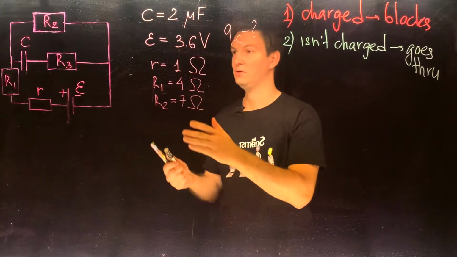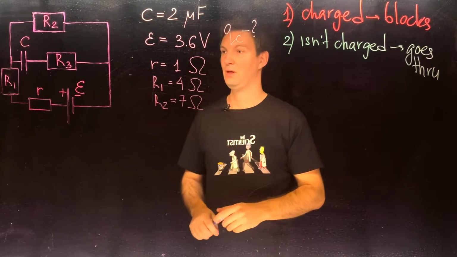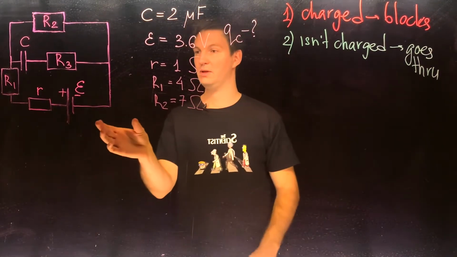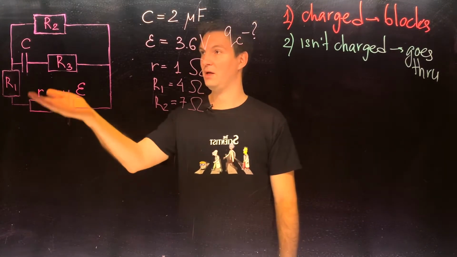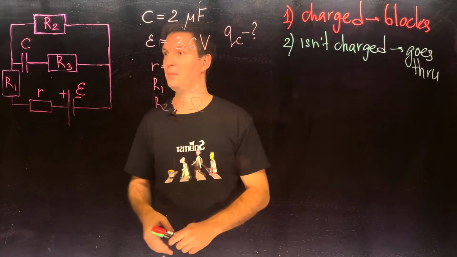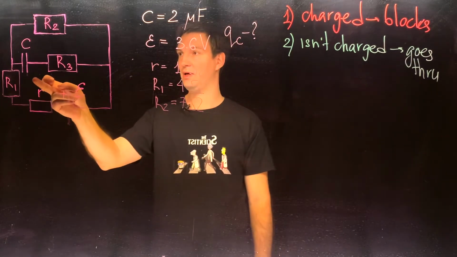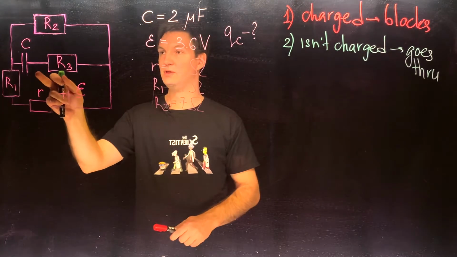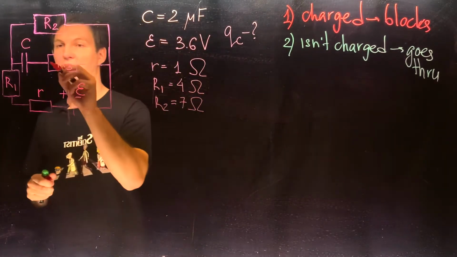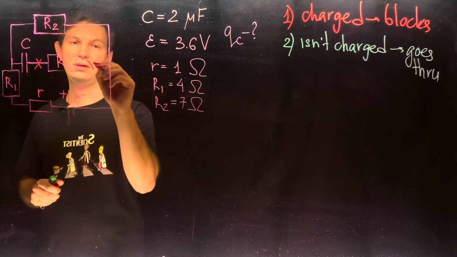So let's get to the task. We see that there is no switch in the circuit. It means that the current has been flowing for a long period of time and it has charged the capacitor. So now the capacitor blocks the current, so there is no current through it at all.